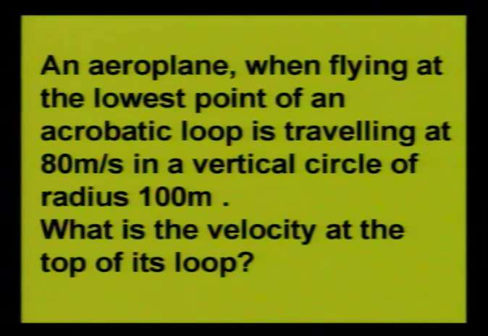The velocity given there is 80, that is at the lowest point. If the mass was given, then you're right, we just calculate it. But unfortunately, there is no mass, so it's a little bit difficult to calculate the situation.